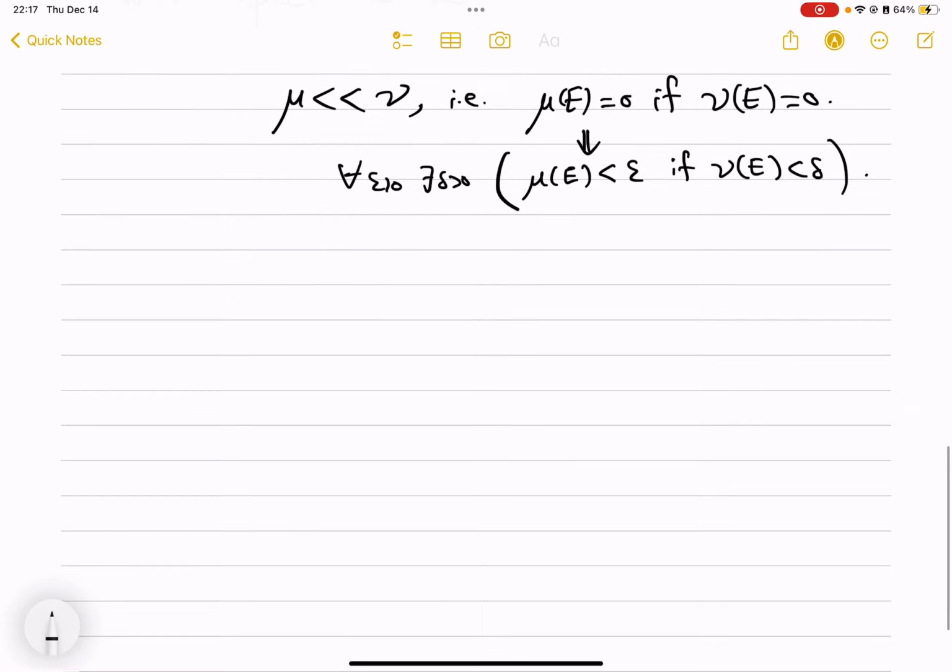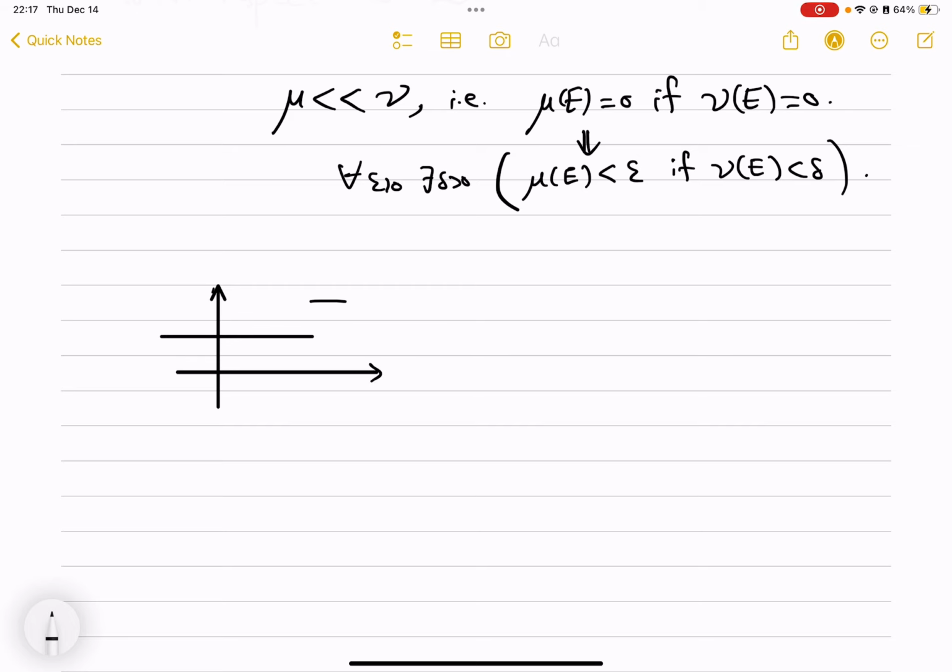Let me do some of the obvious examples for you to motivate it. If we look at this function here, the total variation measure will be the delta Dirac measure at this point P. So if we call this the total variation measure of this function, then this measure of a set will be, not 1 actually, it will be like this gap here, this jump.